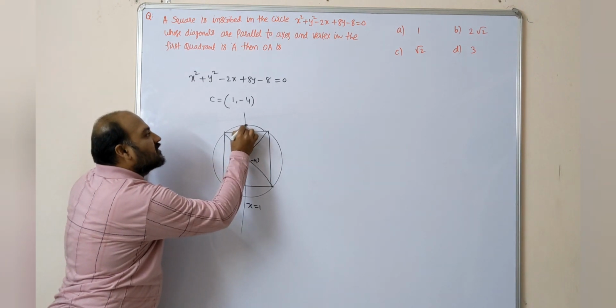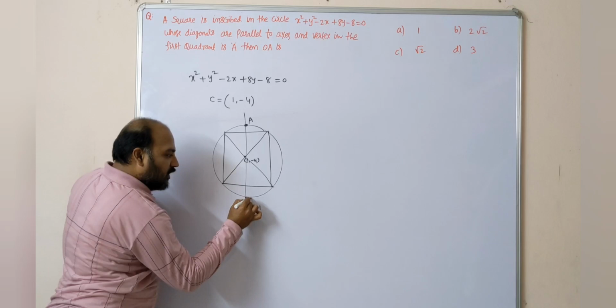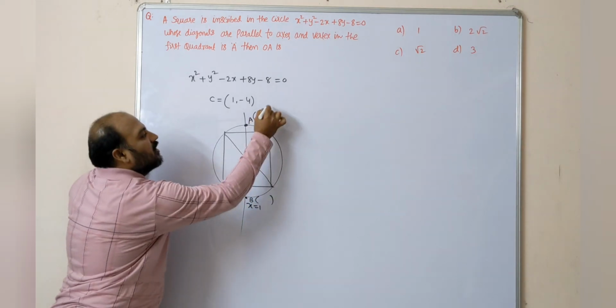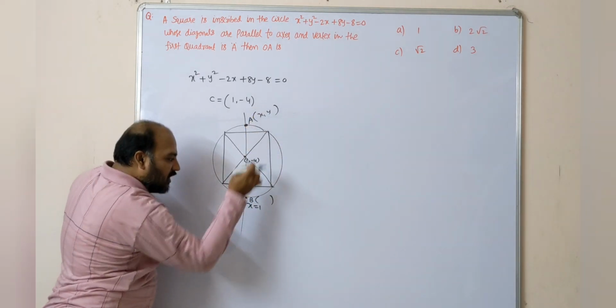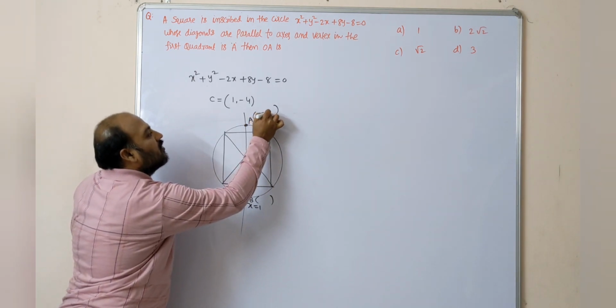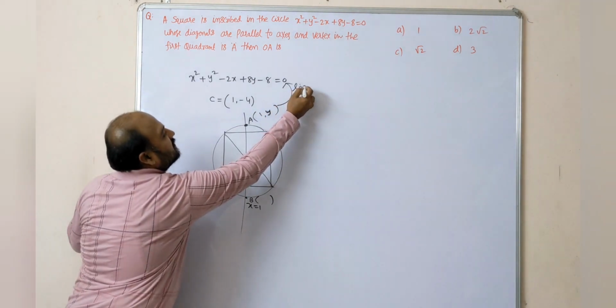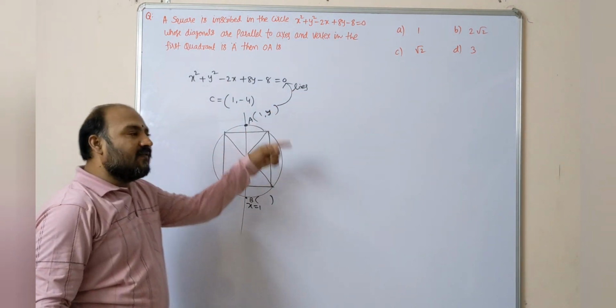The point which lies on the circle, this point is A, this point is B. A is (x, y), the x value we got as 1, so it will be (1, y). This A point lies on the circle, so the y value will come.